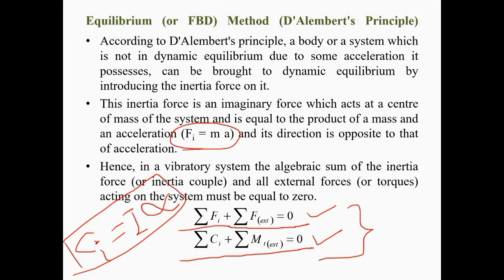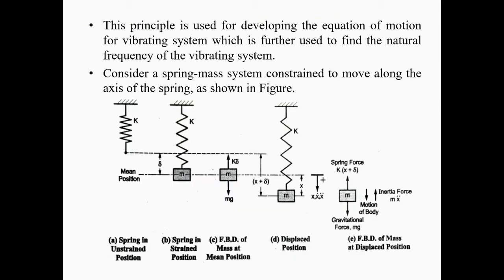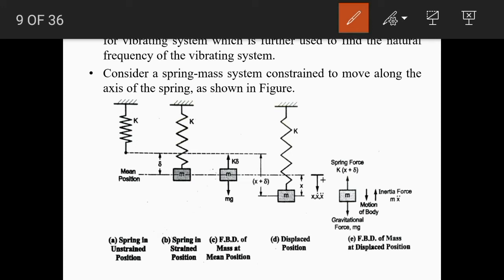Now we are going to apply D'Alembert's principle to find the natural frequency of a system having a single degree of freedom. For that, we are going to consider a simple spring-mass system which is restricted to move only vertically. Initially, the spring having stiffness k is taken, and its free length would be this much.